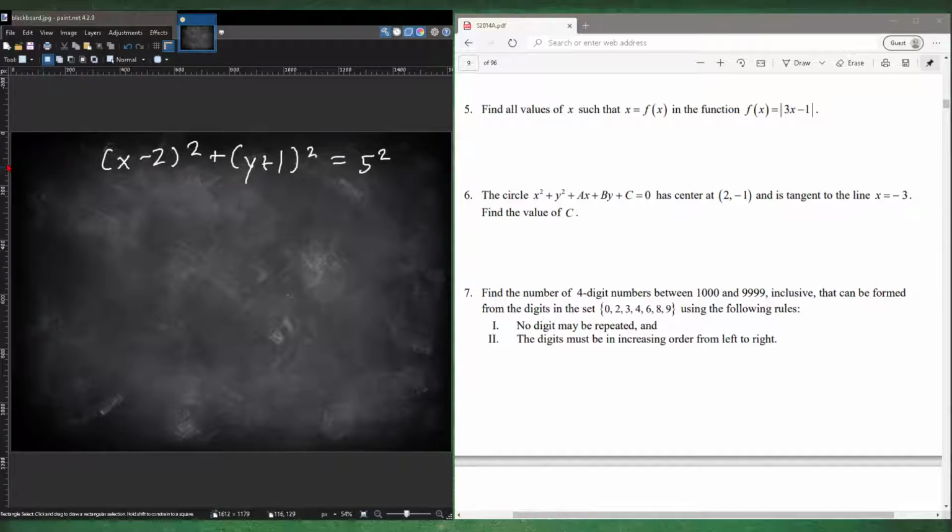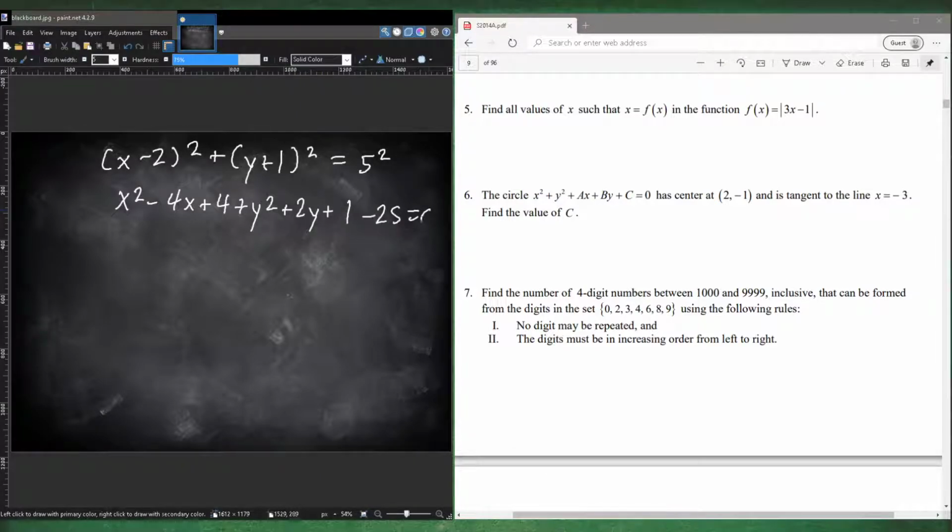It gives you an idea, a visual way to think about it. So this is x squared minus 4x plus 4 plus y squared plus 2y plus 1, and then minus the 25 on the other side. So 4 plus 1 is 5, minus the 25 is minus 20. And that is your answer for number 6.